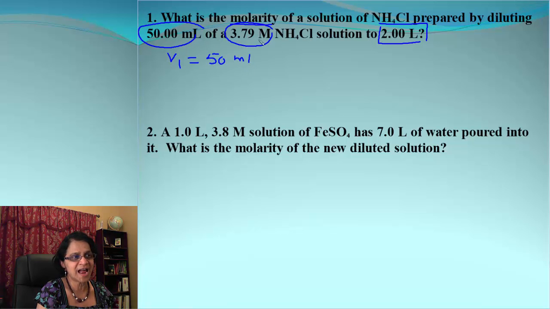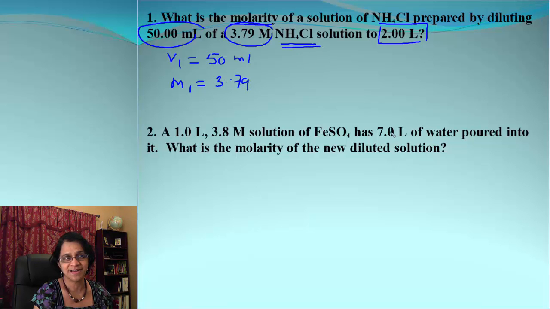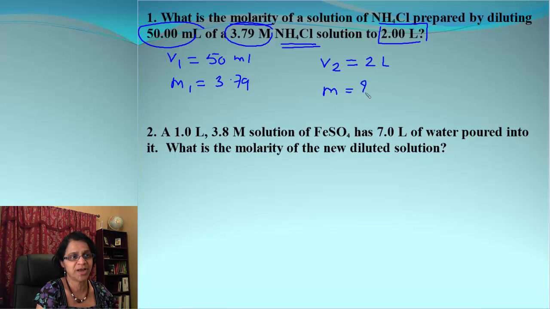And along with that comes the molarity 3.79, so that will be M1. Both are for the same chemical, ammonium chloride. And then finally, we are going to make a solution with volume 2 liters, and we have to find out the molarity for that particular solution.